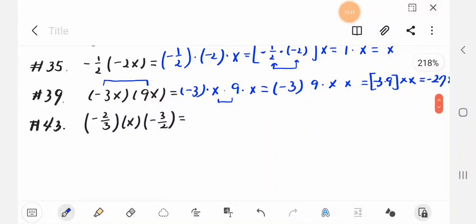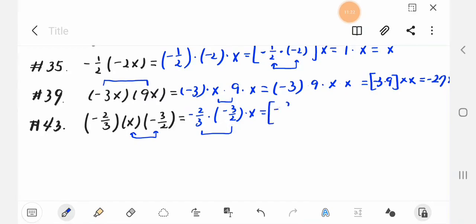Okay, how about number 43? Number 43 is negative 2 over 3 times x. So why don't we interchange these two? Then negative 2 over 3 times negative 3 over 2 times x. Then these two numbers are what? Reciprocals of each other, right? So once you multiply the reciprocal numbers, it becomes 1.